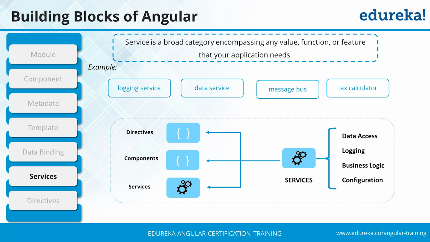And that exactly is what services do. Services is a broad category encompassing any value, data, object, function, or feature that your application needs, and they are injected into your components, services, and directives as a dependency. This process is generally termed dependency injection.